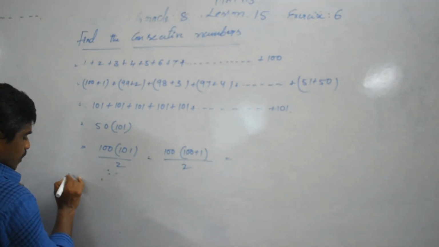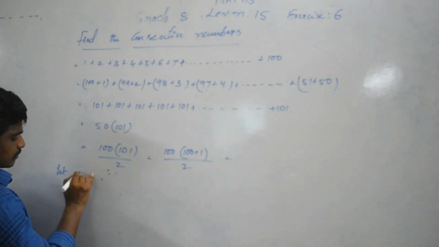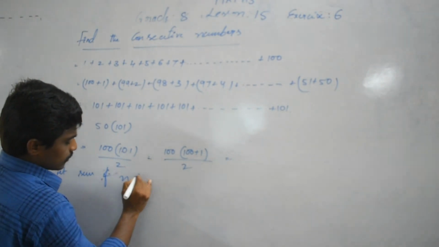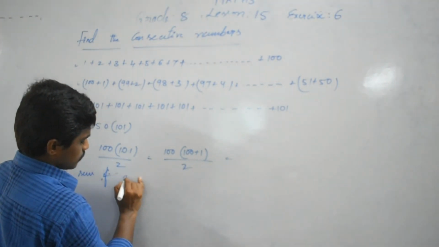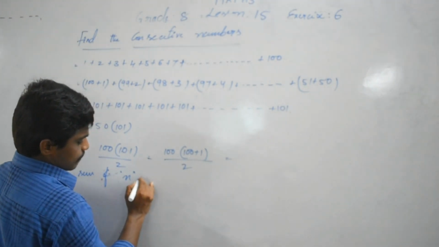So here the formula. Let n mean natural numbers.